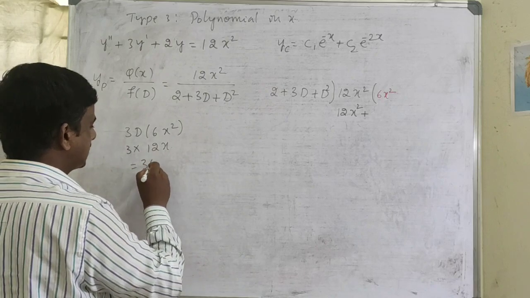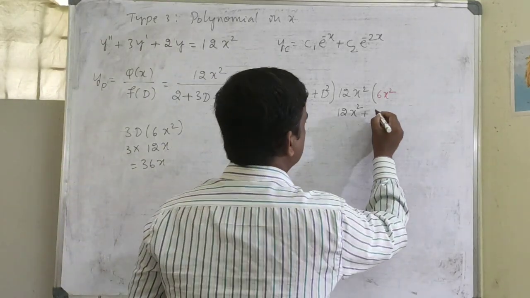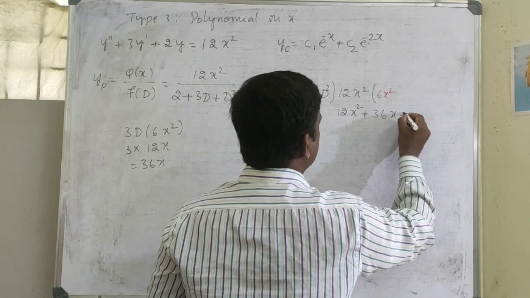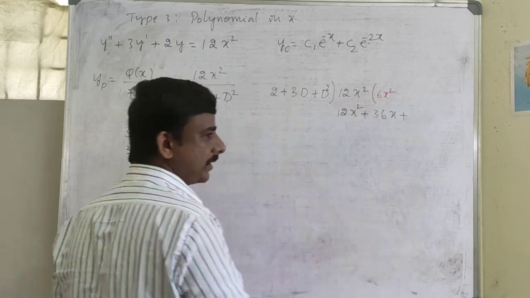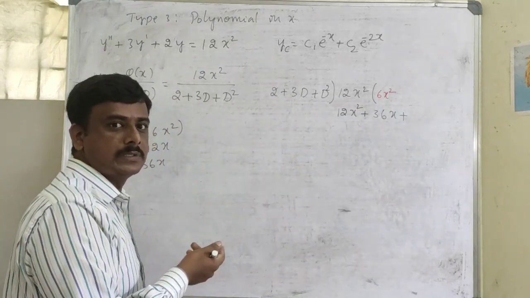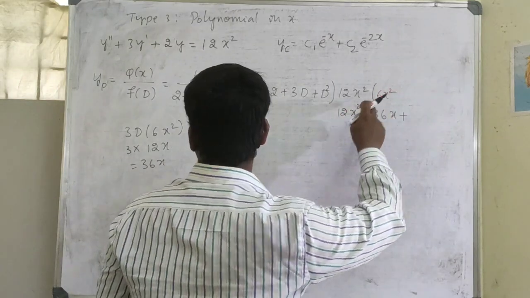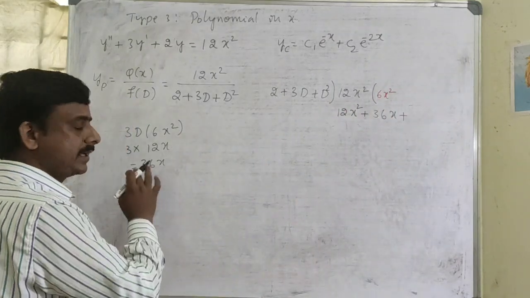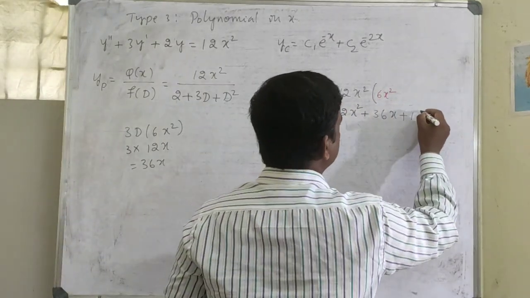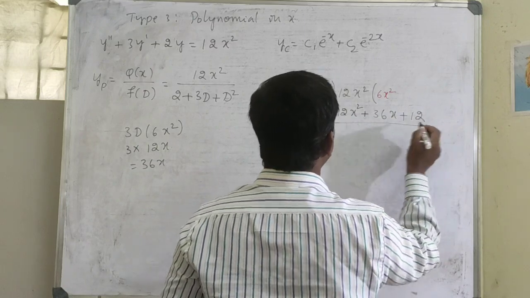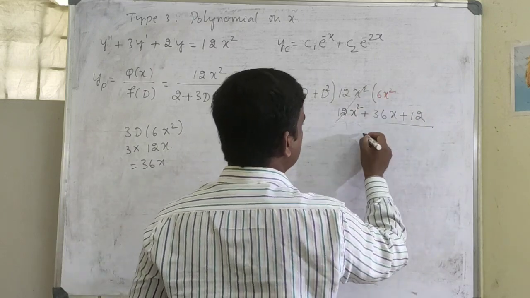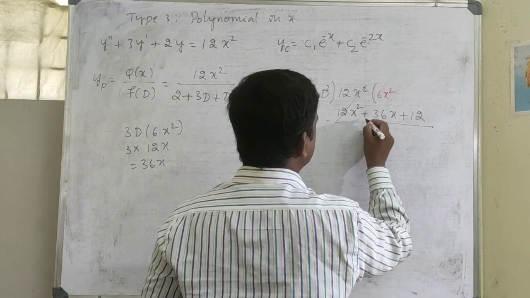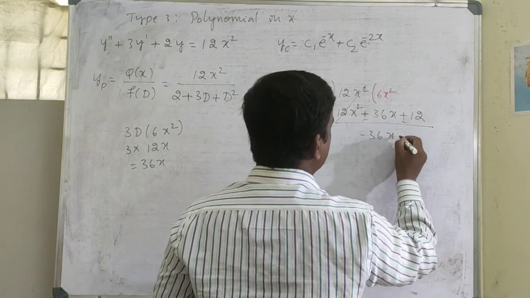So it is 36x. Here you should write 36x plus 6x square into d square, the second derivative of 6x square. If you differentiate it once, I got 12x. Differentiating again, I will get 12. Then subtract. Subtracting, these two get cancelled. Minus 36x minus 12.